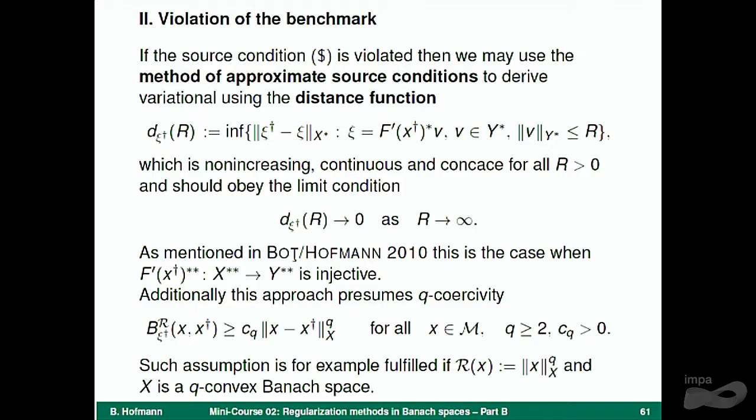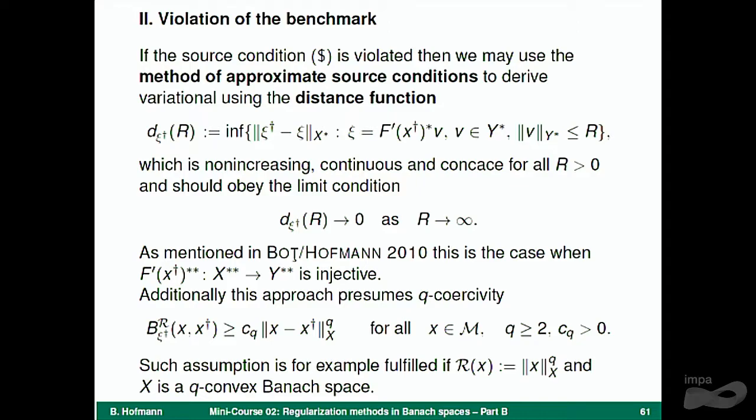You take the smallest distance if the norm of the elements v is bounded by R. And so you can characterize this again as a function. We have discussed this with Radu Bot in a paper in 2010. It is non-increasing, continuous and concave, and under normal conditions goes to 0 as R goes to infinity.